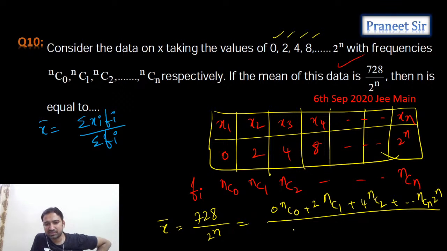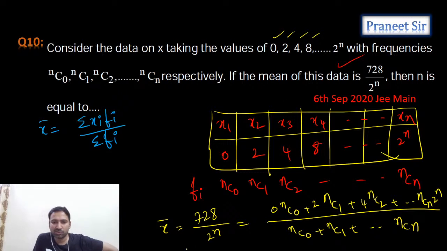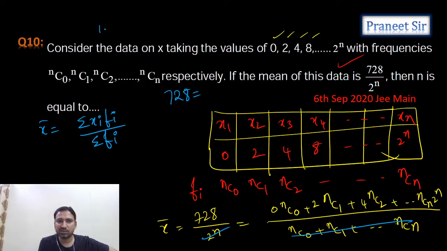What is the sum of the frequencies, guys? The sum of the frequencies is nc0 plus nc1 plus and so on up to ncn. The sum of the binomial coefficients is 2 power n. So 2 power n cancels; the denominators get cancelled. What about the numerator, guys? 728 is equal to, see, when you take 1 plus 2 whole power n, how much do we get?